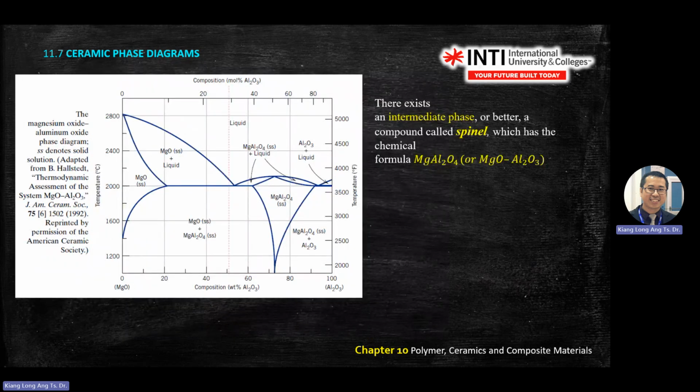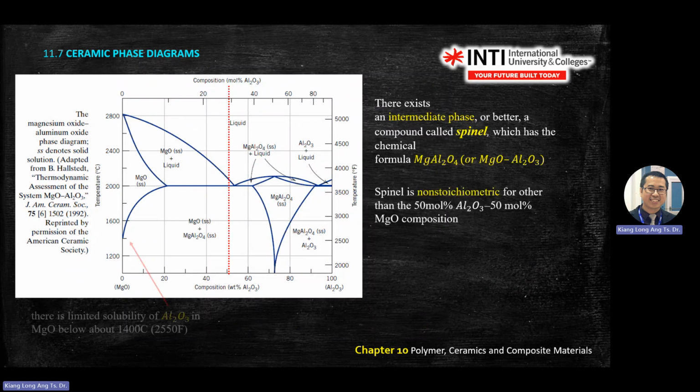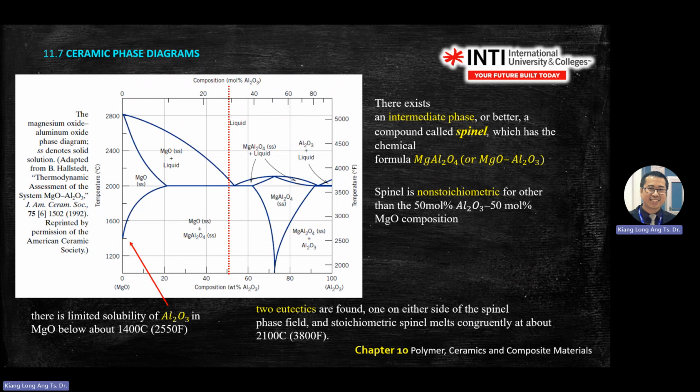So the rest you read. This is just to highlight there is a solubility of MgO in Al2O3 in this region. Very, very small solubility at a temperature of 1400 degrees, about here, very, very small.